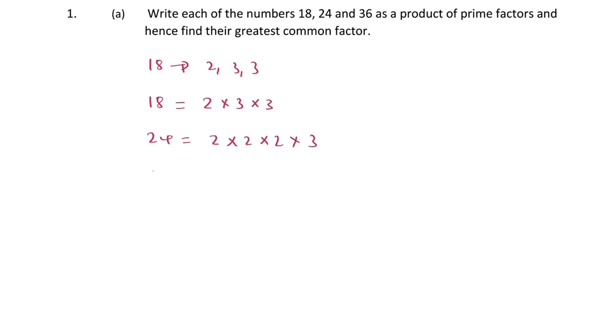And also for 36, the factors are going to be 2 times 2 times 3 times 3. Okay, so now from these factors, the greatest common factor is going to be 2 times 3, of which after solving this, we have 6. And this is going to be our answer.